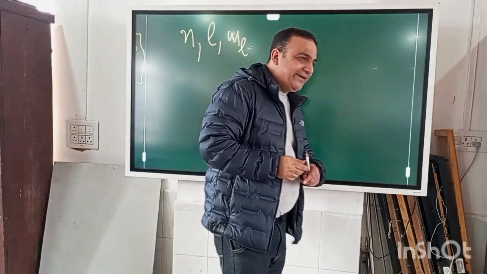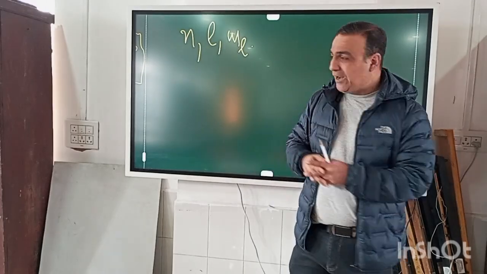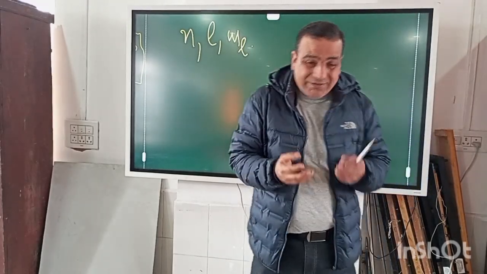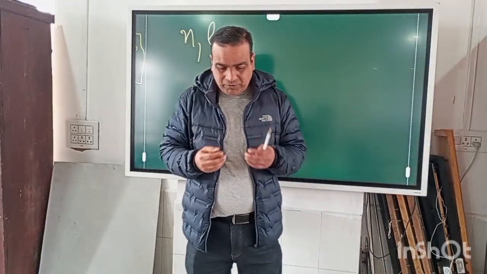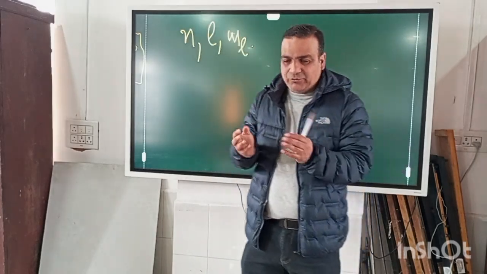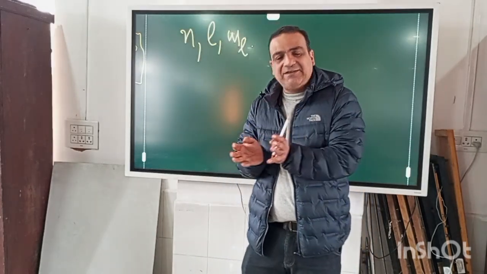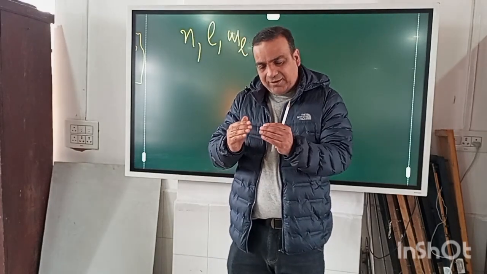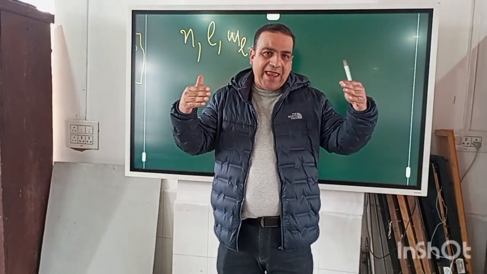Now, what we want to understand here is what a selection rule is. In a hydrogen atom you have an electron in the first orbit, and there are other orbits which are empty.